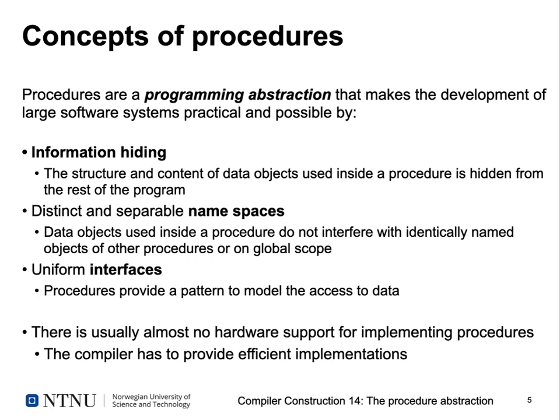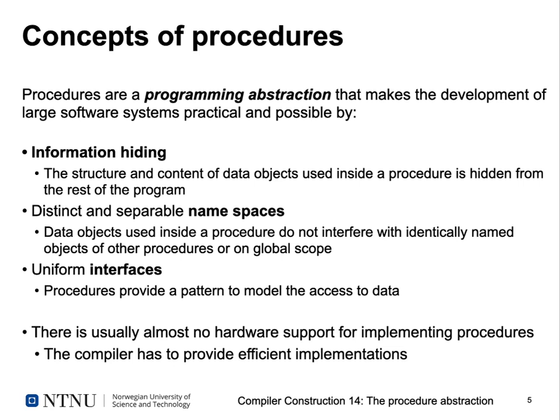So procedures are a programming abstraction, and this abstraction is used to make the development of large software systems practical and possible. And to do this, it applies a number of principles. So the first principle is information hiding. Information hiding means that the structure and content of data objects that are used inside of a procedure are hidden from the rest of a program.